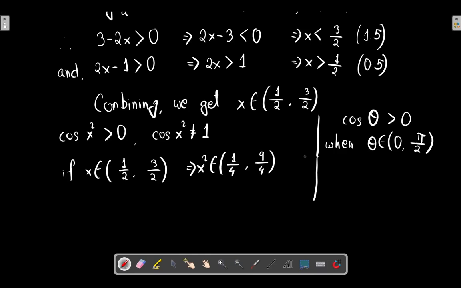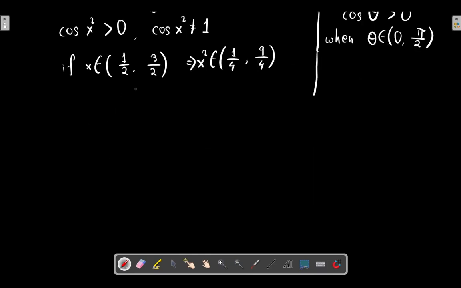So in that case we have to look for the values where cos x square is positive. Now x square can take these values, right? Pi upon 2 is 3.14 upon 2, so this is 1.57. After pi by 2, it goes into the second quadrant where cos is negative. Only sine is positive in the second quadrant.